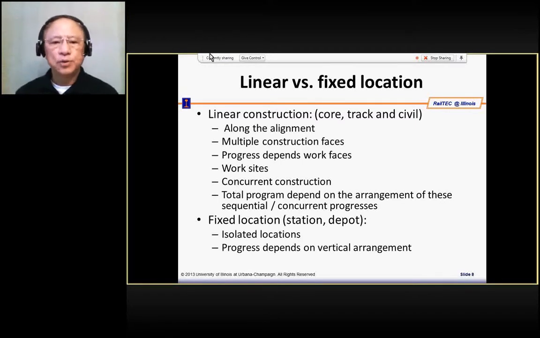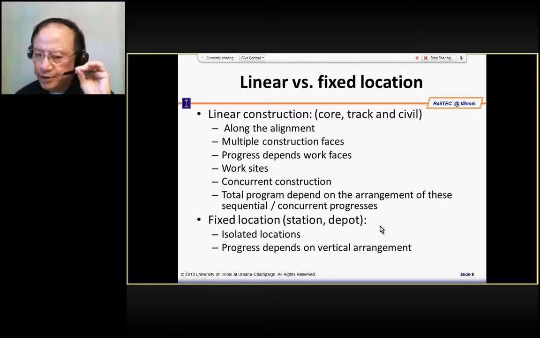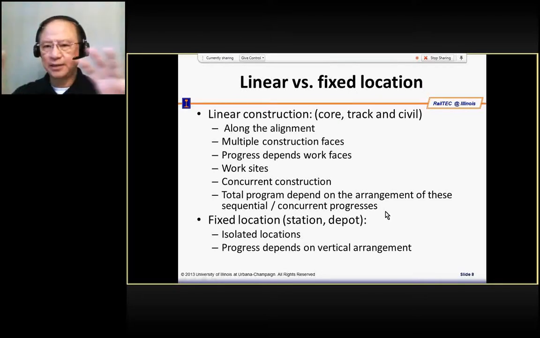So the total program of a high-speed rail construction will depend on how you arrange this sequence, how you arrange your work sites and how you arrange the concurrent process, and that determines the construction schedule. We will illustrate all this in the later part of today's lecture.